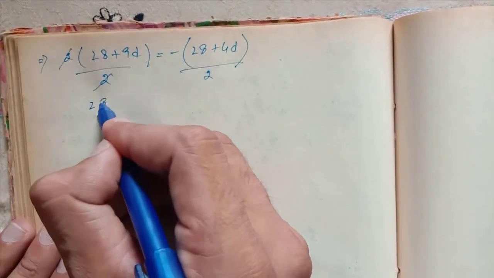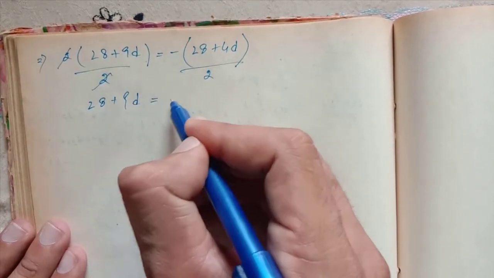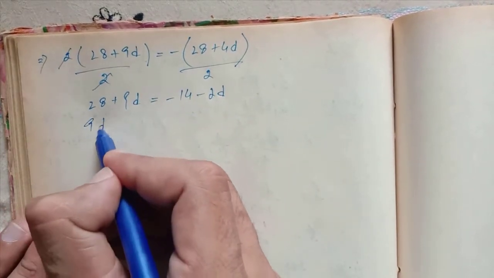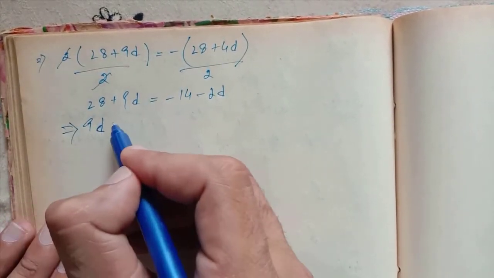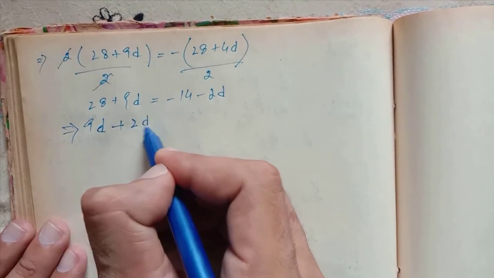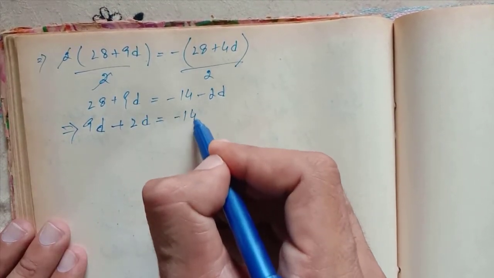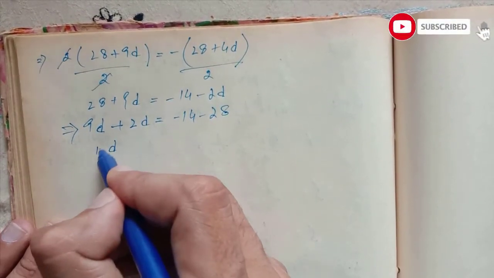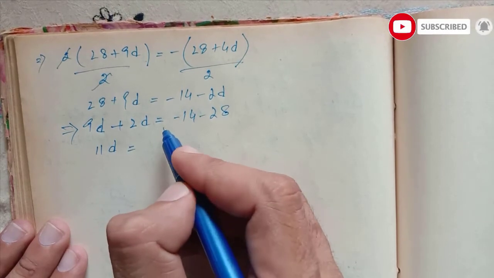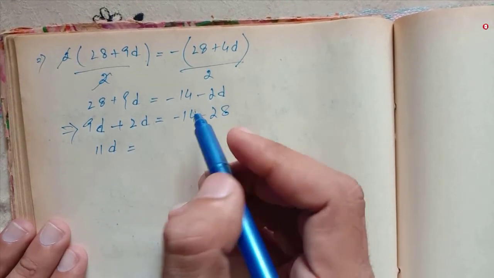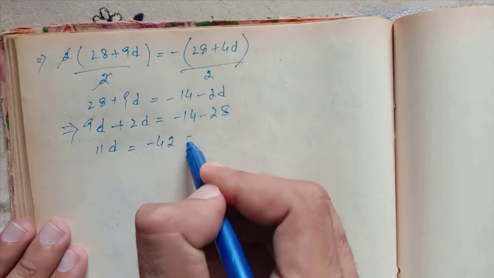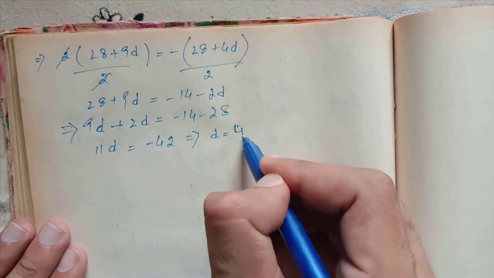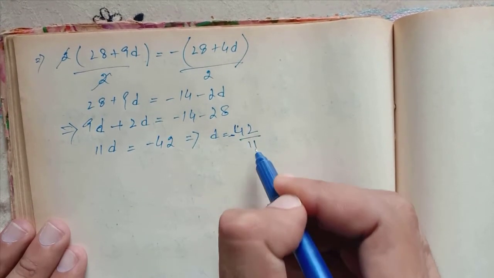So this equal to 28 plus 9D, and this equal to minus 14 minus 2D. So 9D plus 2D, this equal to minus 14 minus 28. Now 11D equal to minus 14 minus 28 is minus 42. This implies that D equal to minus 42 divided by 11.